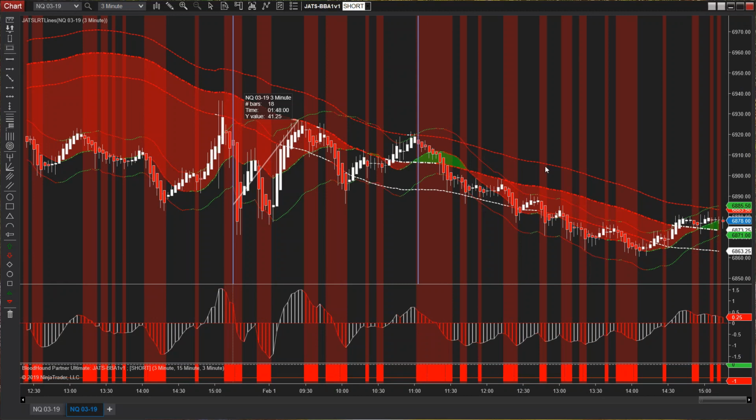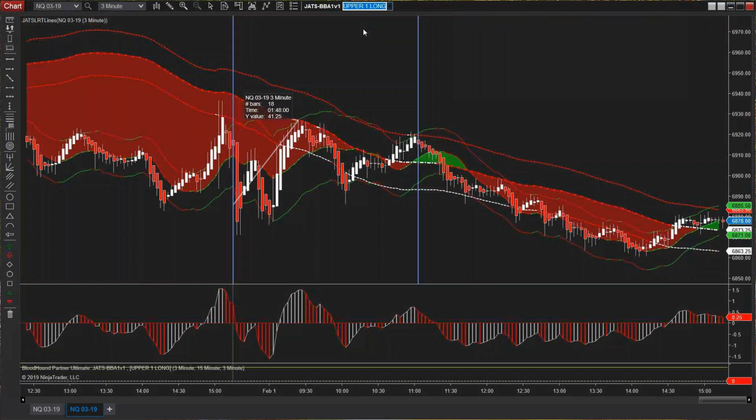And unfortunately, we want to wait for opportunities that trade both together. So my upper one long got no signals at all on Friday. You can see that we should not have been trading long at all.